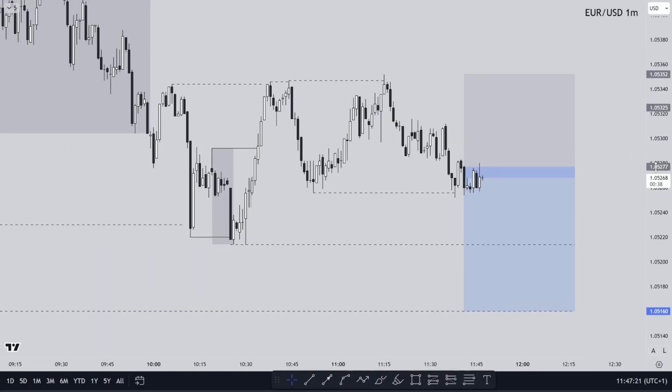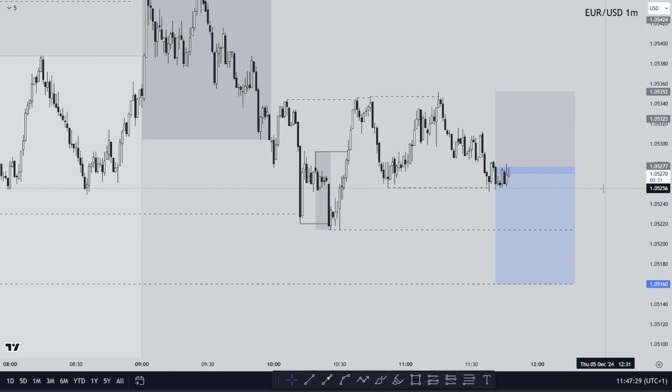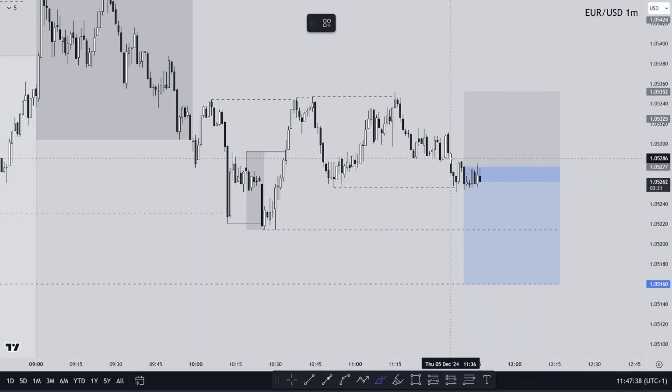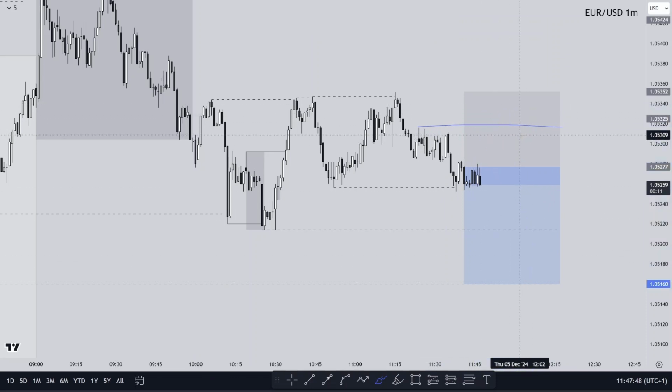So why did I decide to enter here? Just for liquidity reasons. Of course I can wait for a little retracement, but I'm not sure the price will go up. Maybe it can reach this level, and of course this one would be a great trade because the risk to reward ratio would be really great, but I don't know if price will go up there.